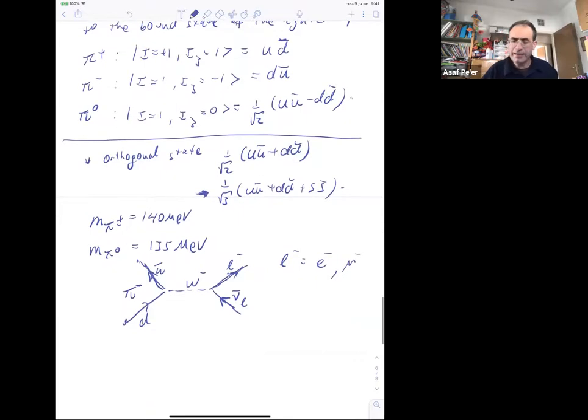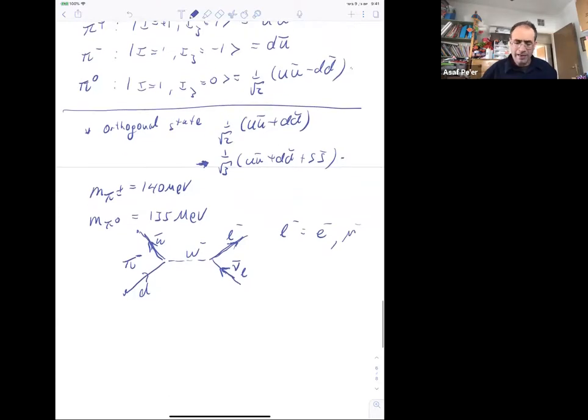Just taking the same diagram, switching it, we end up with a tau that decays into a neutrino tau, and then a down and an anti-up, which together form the pion. Right, so it's the same diagram that describes both the decay of the pion and the decay of the tau into the pion.